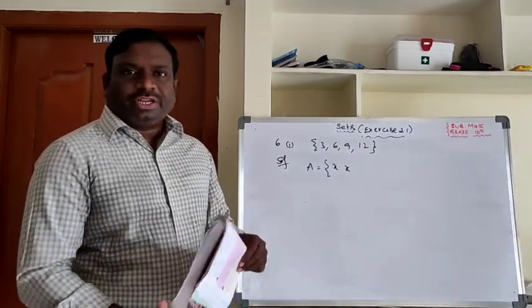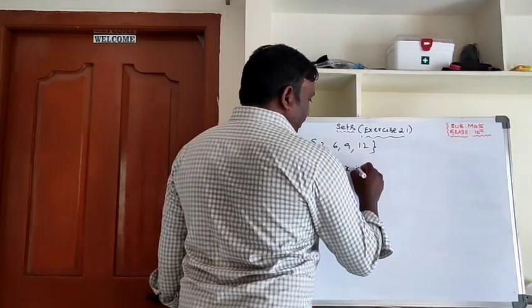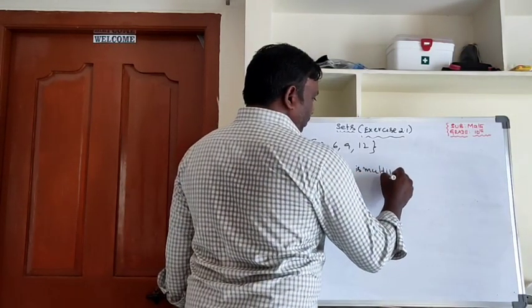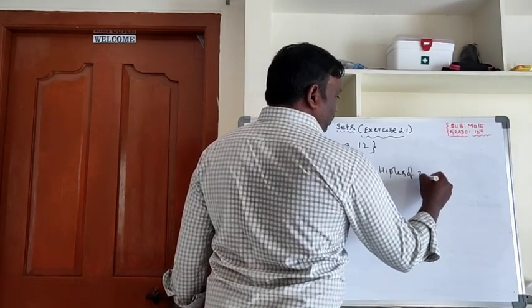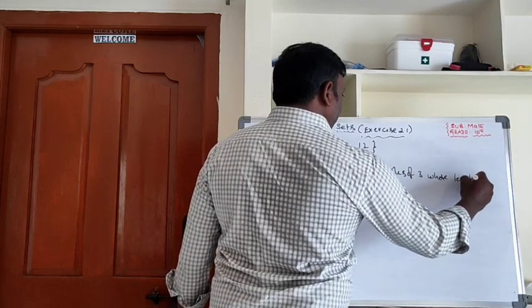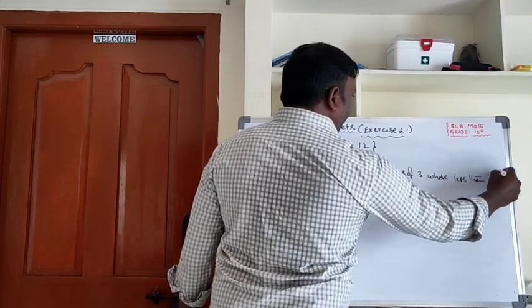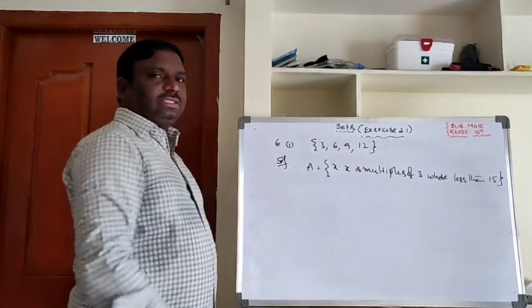X is a multiple of 3 which is less than 15. Those multiples we have to take less than 15.